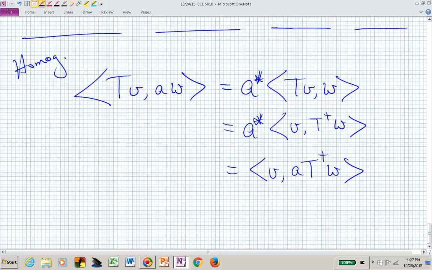But what do we know the left-hand side of this original top line must equal if we apply our definition of the adjoint?